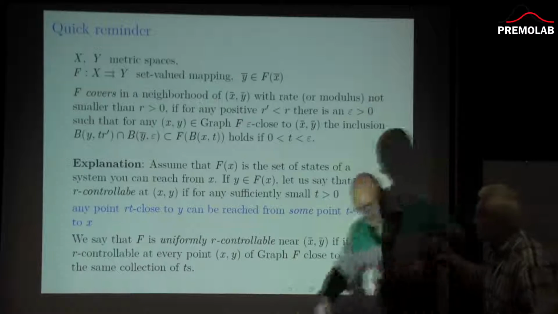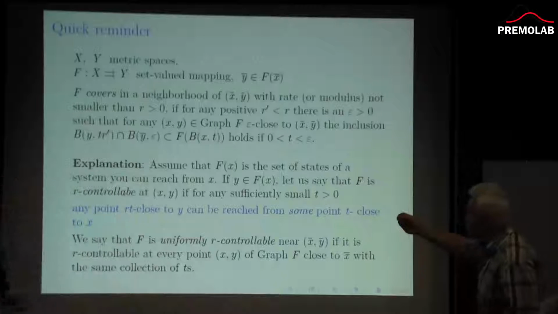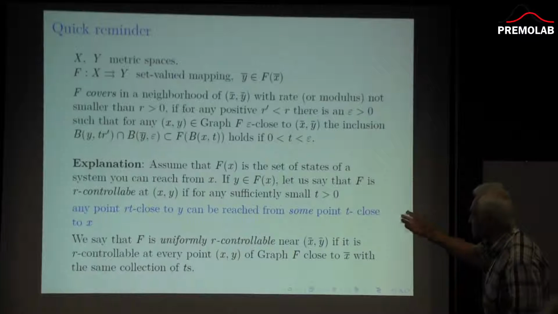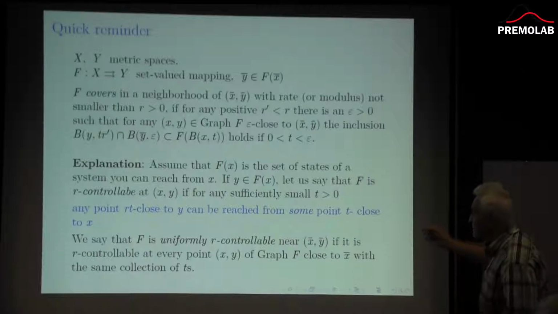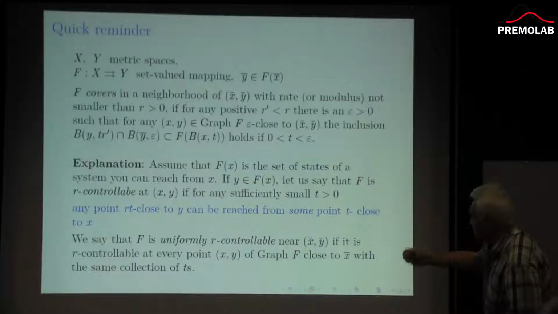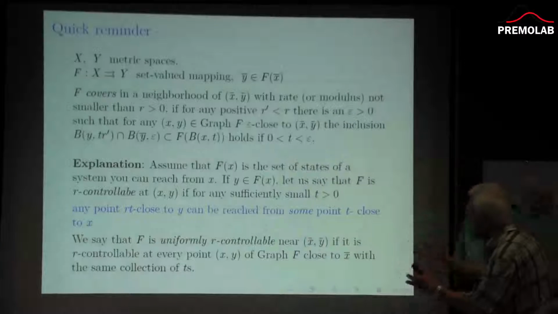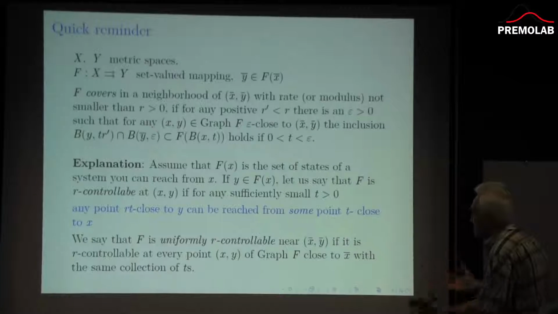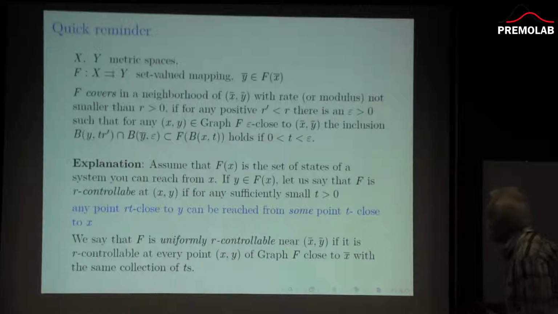Suppose we have a certain set-valued mapping, which we can interpret as associating with every state of the system the set of states that could be reached through a certain action.